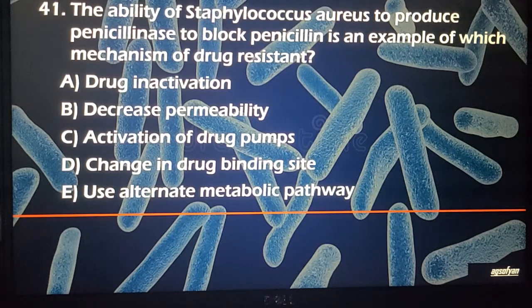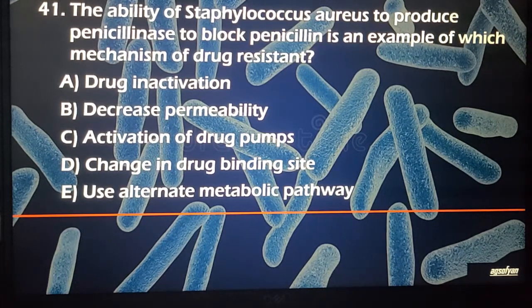Number 41. The ability of Staphylococcus aureus to produce penicillinase to block penicillin is an example of which mechanism of drug resistance? A. Drug inactivation, B. Decreased permeability, C. Activation of drug pumps, D. Change in drug binding site, or E. Use alternate metabolic pathway.